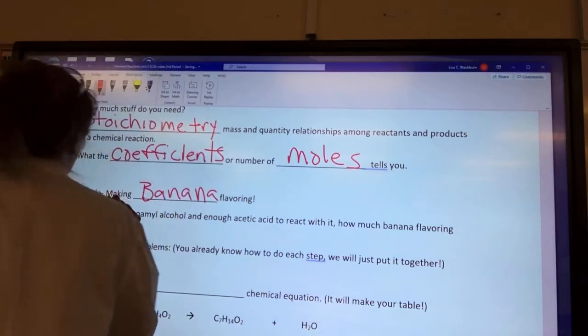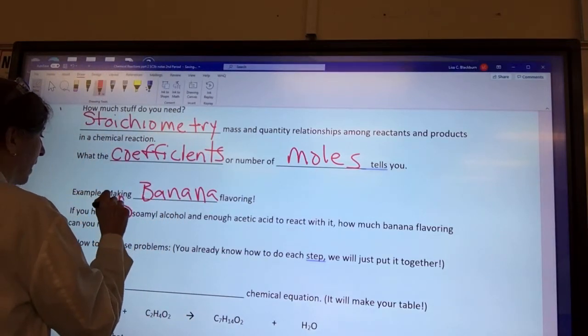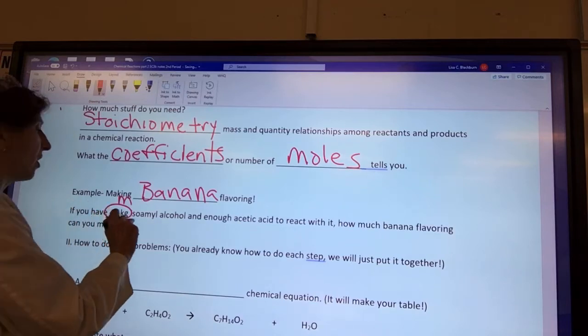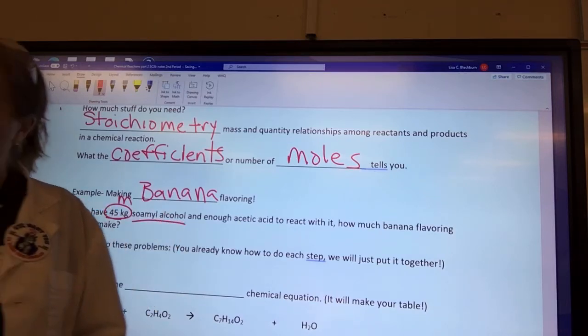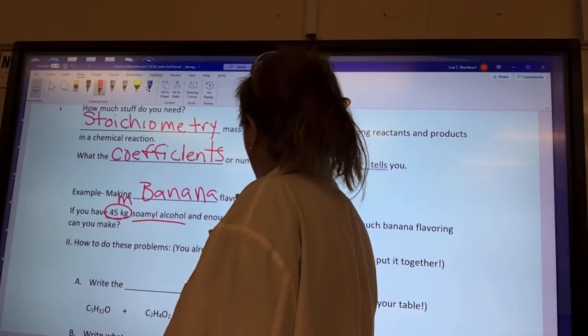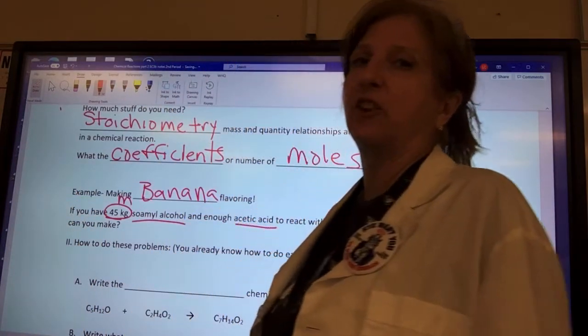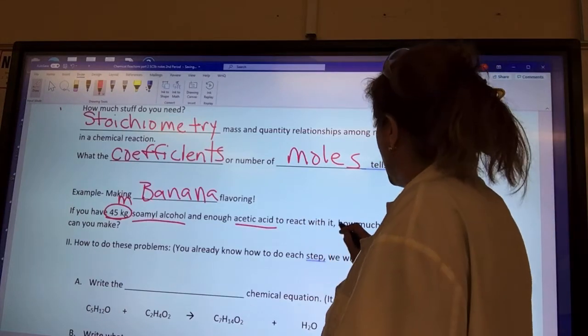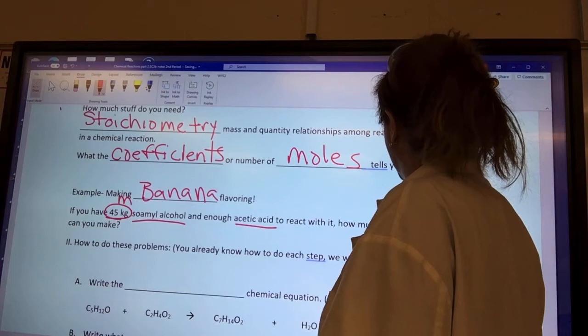It's a mass. So I'm going to put a little M on top to remind me that that's a mass, okay? Of isoamyl alcohol, that's a chemical. We're in chemistry class. Those are probably important, okay? Isoamyl alcohol. And enough acetic acid, there's another chemical. I'm going to underline that one too because I'm in chemistry class. To react with it, how much banana flavoring.